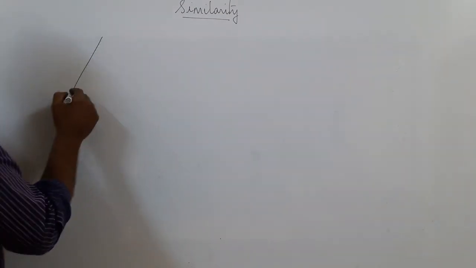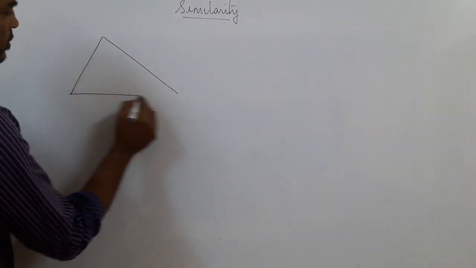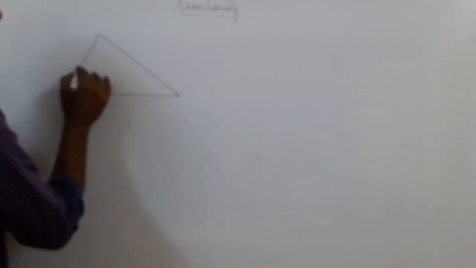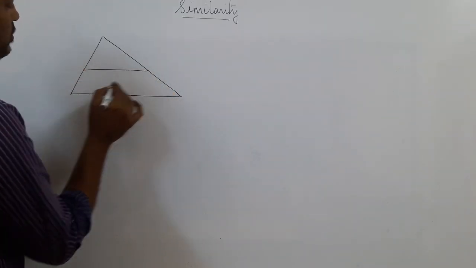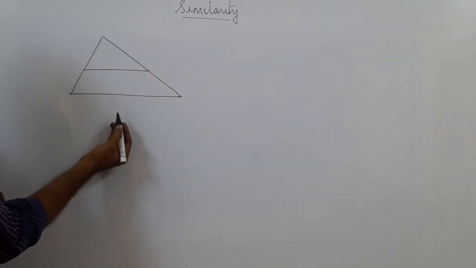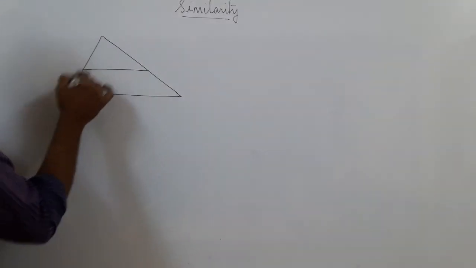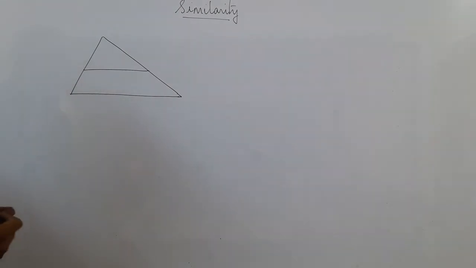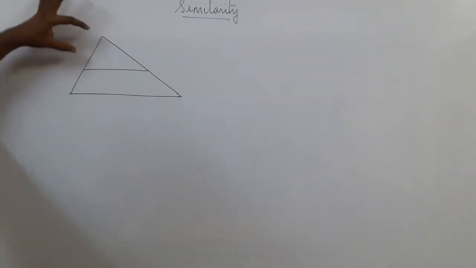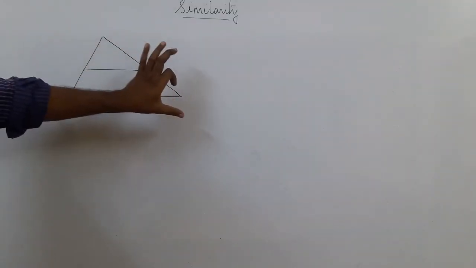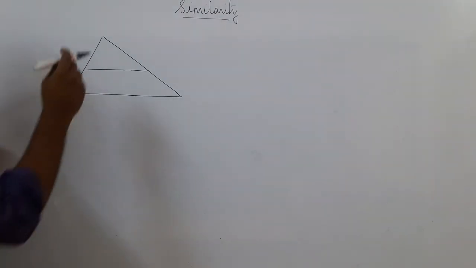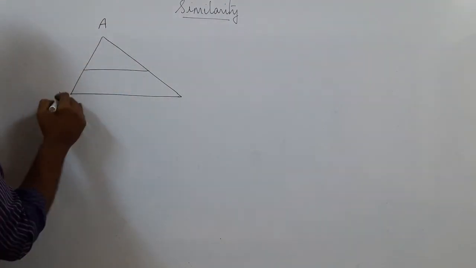Then we saw that when a line parallel to one side of a triangle cuts the other two sides at two different points, then the ratio of the corresponding sides are equal. Means this line cuts the two sides in the same ratio, and we saw all the three variations. This is for revision purpose.